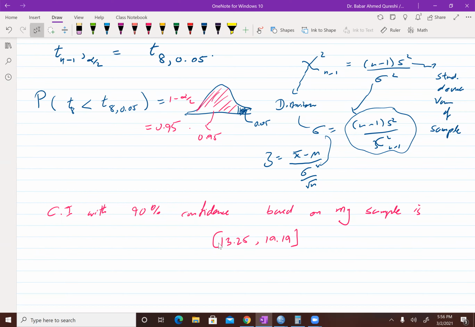So somewhere between 13 days and 19 days is your mean number of days that the cars are out. And this you can say with 90% confidence. That means if you again pick up a sample and compute an interval around it, and you repeat it many times, then 90% of those intervals will contain the true value of your population mean.